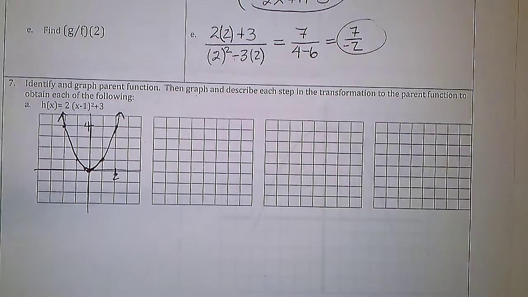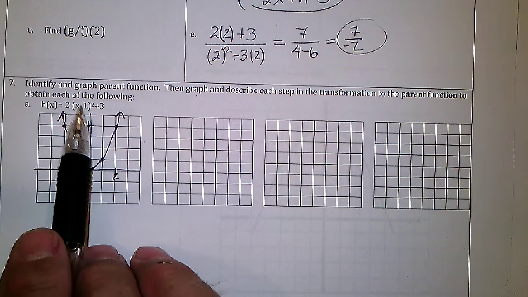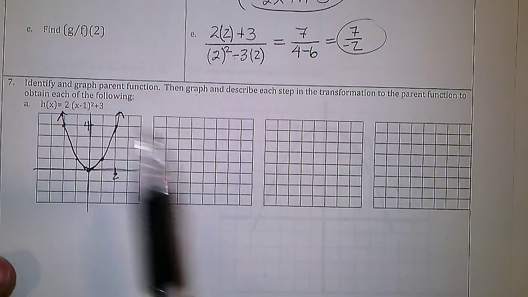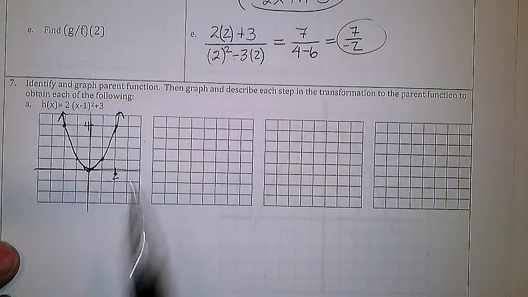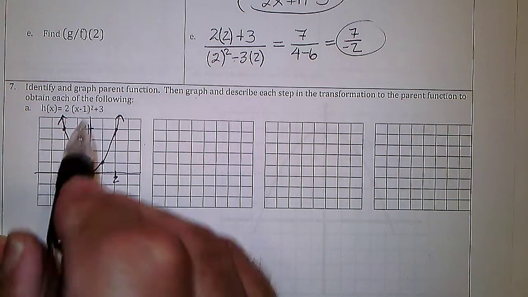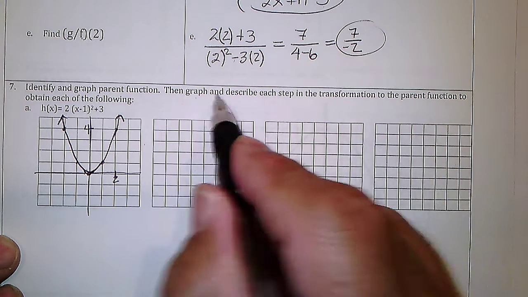Okay. Now I have 2 things on the outside and 1 thing on the inside. I can do the outside ones first or the inside first. I will choose to do the outside because there's 2 of them. Everything on the outside goes like you think, not backwards. Oh, and I have to graph and describe each step.